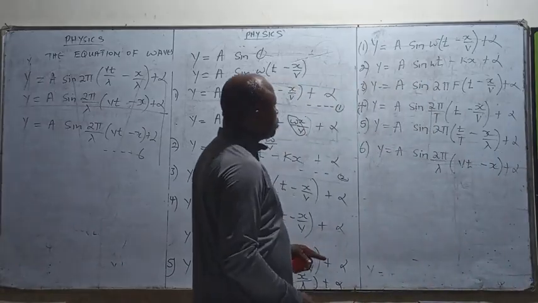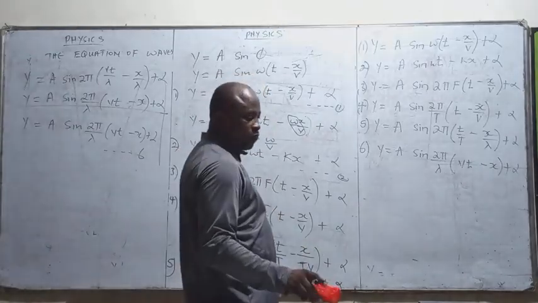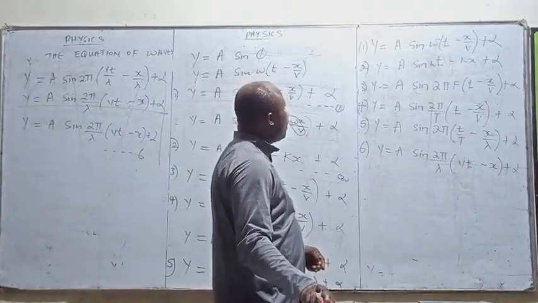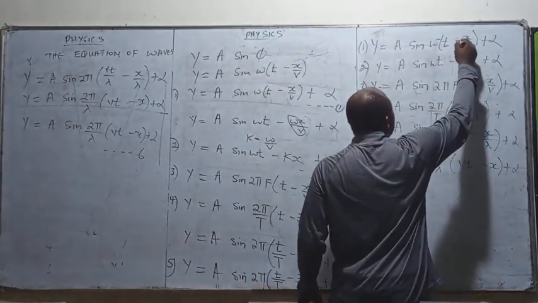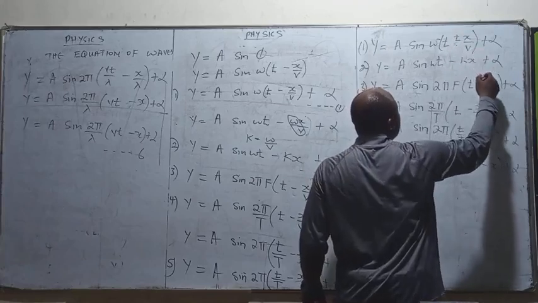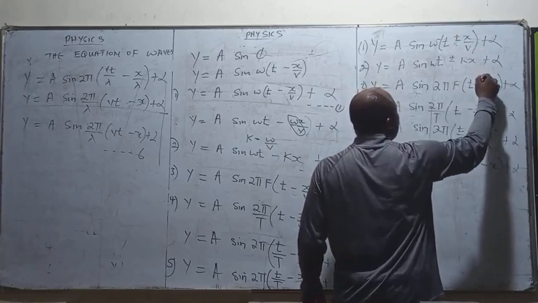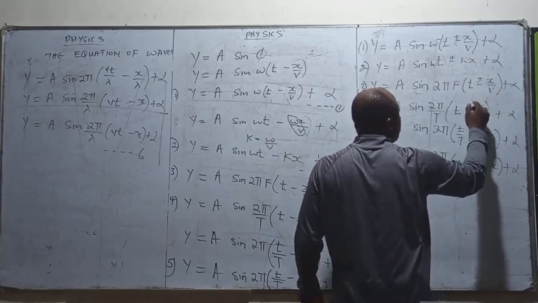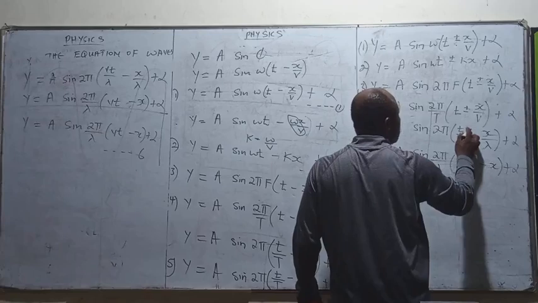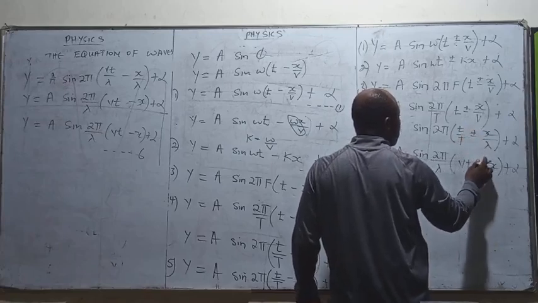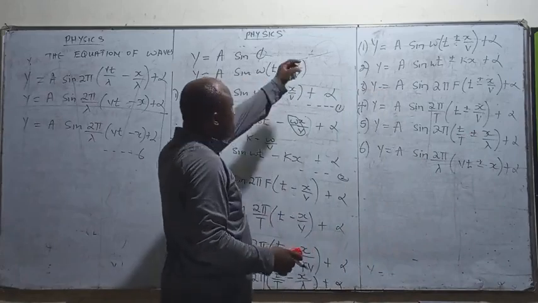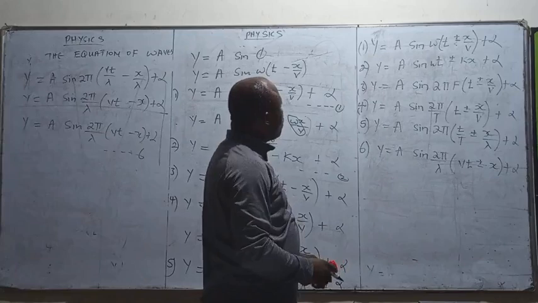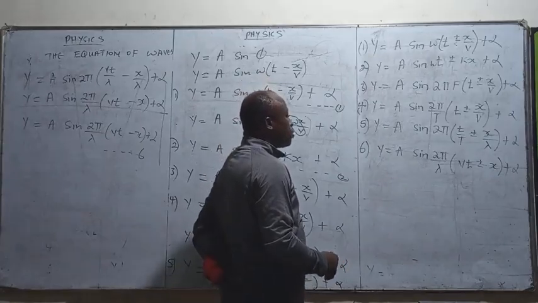Now in all of these, because a wave can move either to the left or right, we can add plus or minus. So this is a summary of the wave equation from number 1 to number 6.